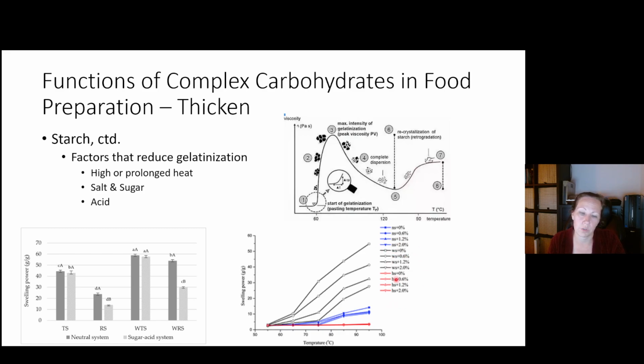Right, so waxy starch would be a high amylopectin starch, and high amylose starch here for the HS. The waxy starch, if we're just looking at this, has the greatest swelling power, which corresponds to what you saw in this other study. The normal starch is next, and the starch with just amylose has almost no swelling power.